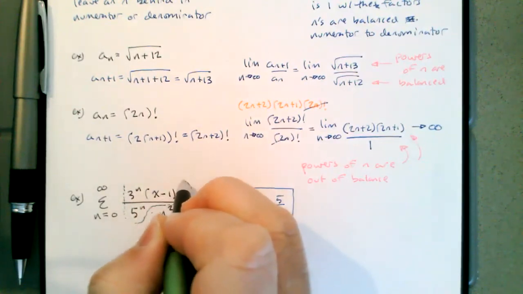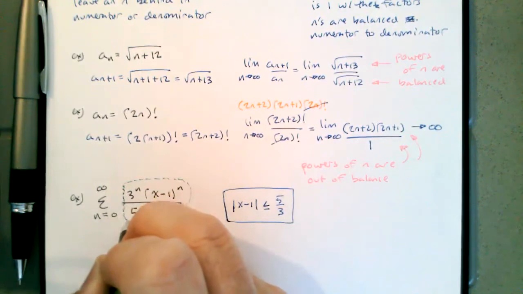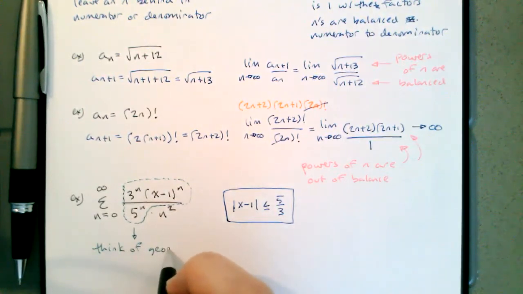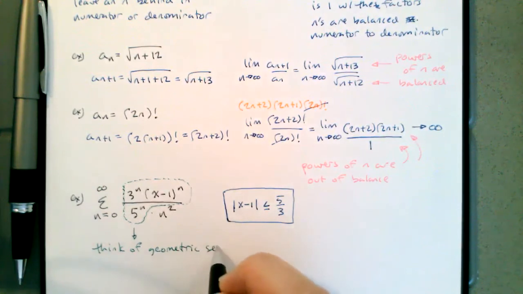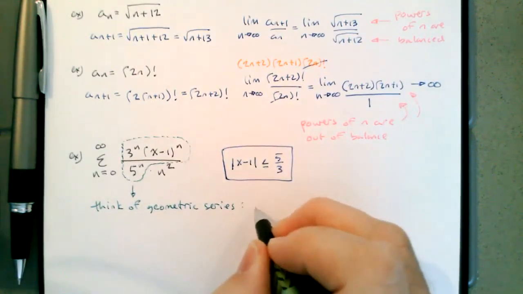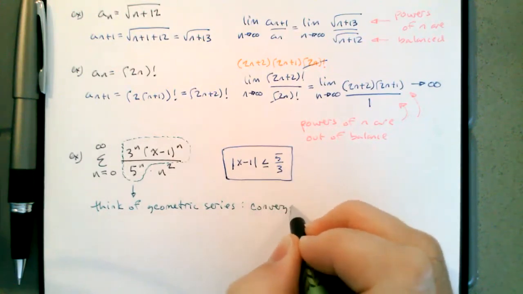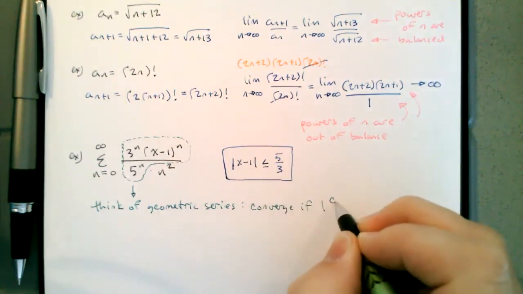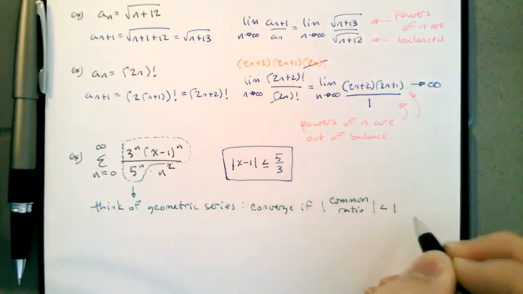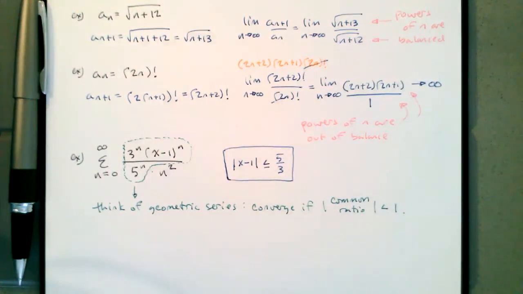If I ignore the n squared for now and just grab the exponential factors, a geometric series converges if the absolute value of the common ratio is less than 1.